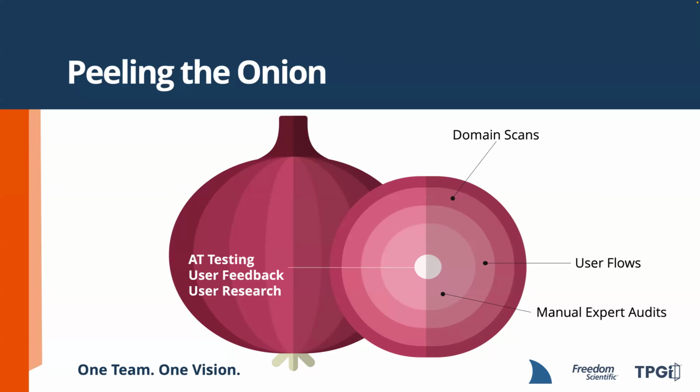But the nugget at the center of the onion here is things like AT testing, like with JAWS Inspect, user feedback, and user research, which is the really detailed one that gets done very little in reality around accessibility, but is very, very valuable.